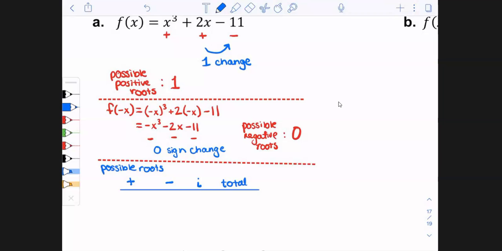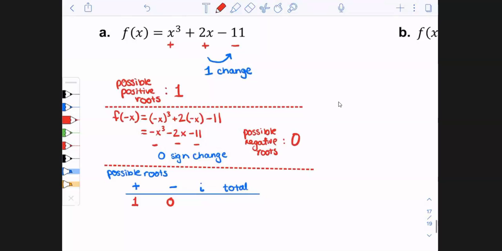So if we have this table, we know that we can have one possible positive real root, 0 negative roots. The degree of the polynomial was 3, meaning our total has to be 3.